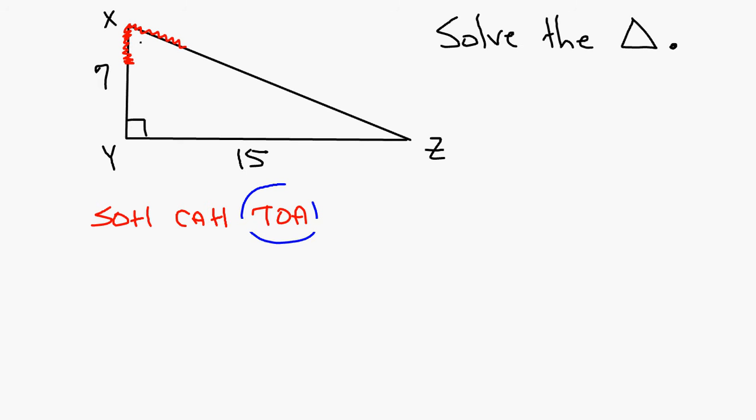So if you're working with opposite and adjacent, you're going to use tan. So now you're finding an angle. It's tan^-1 of, you take your opposite side over your adjacent side. So in your calculator, it's 15 divided by 7 equals, and then second tan.